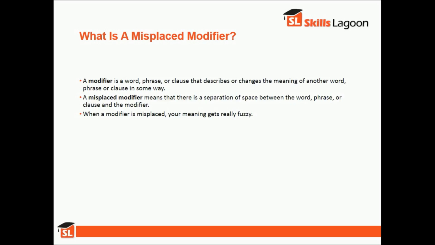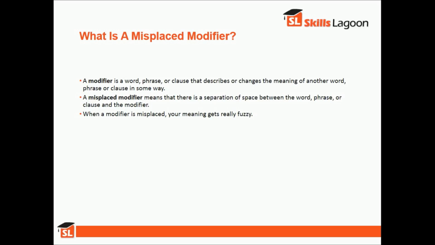So the very basic modifier that comes to mind first is an adjective, which modifies a noun or a pronoun. Another variant is an adverb, which modifies everything else that an adjective does not modify.